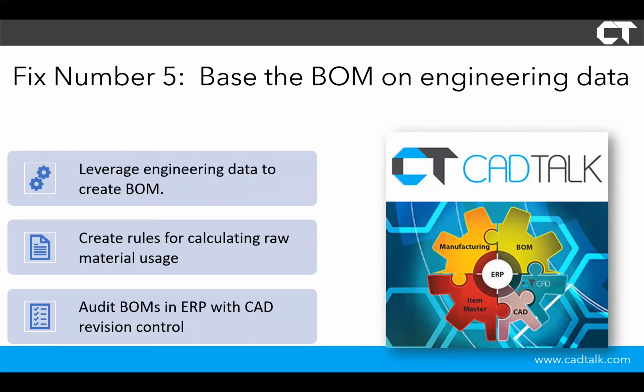It's not required that you have software like CAD Talk to do that, but you can use that information, like our point number 2, you can create rules from that engineering data to calculate raw material, to calculate run time, setup times.